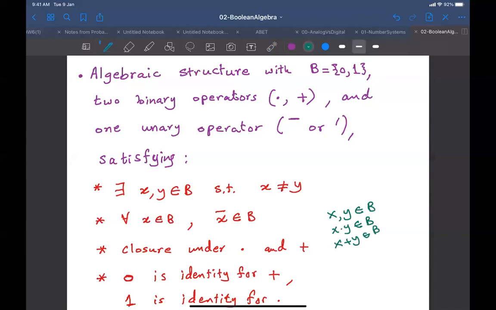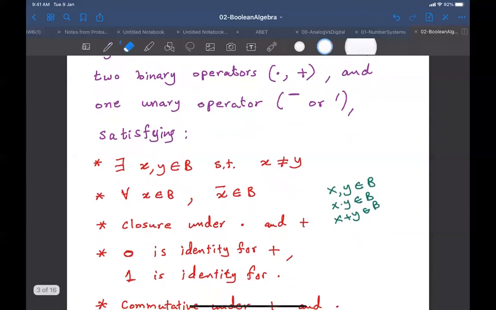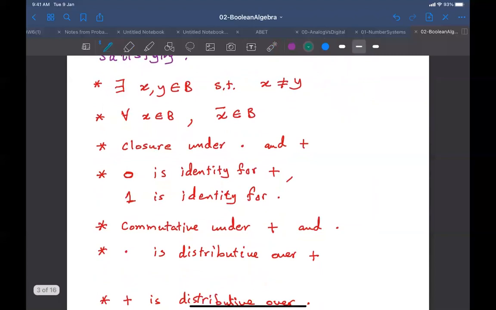What about the identity element? The identity element is basically the 0 for the or, and it's the 1 for the and. What does identity mean? Who can explain the identity for us?